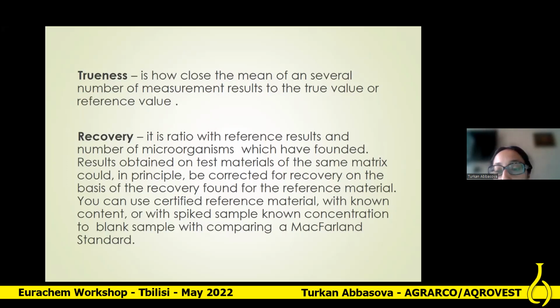Especially when a laboratory is planning any validation processing, it should estimate recovery results. Recovery results are interpreted as a percentage, and this percentage should be compared with appropriate standards.